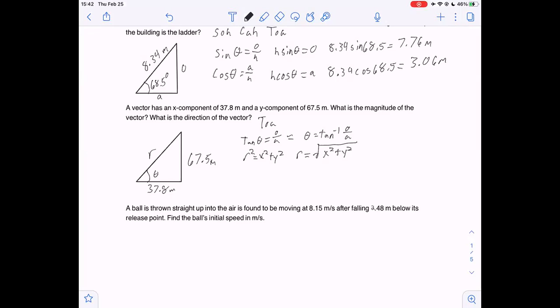Yeah, I don't know how to spell it either. Pythagoras was a very complicated name.